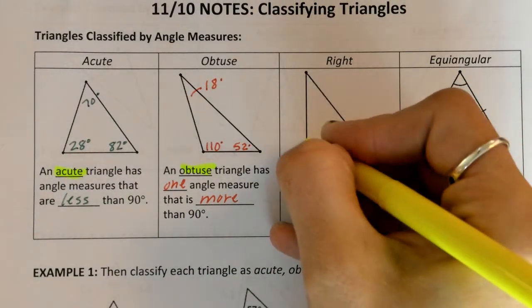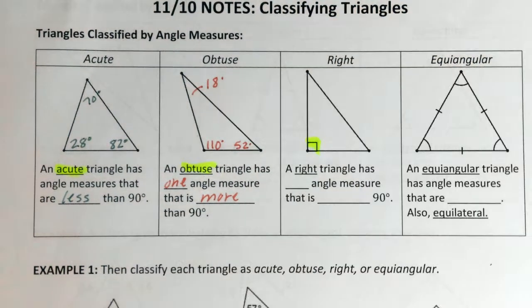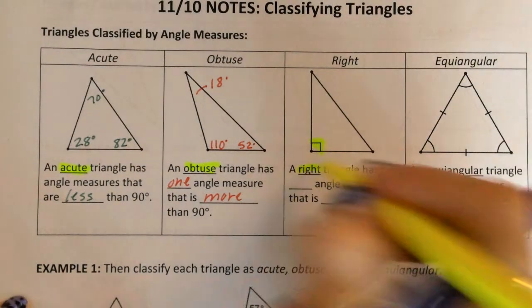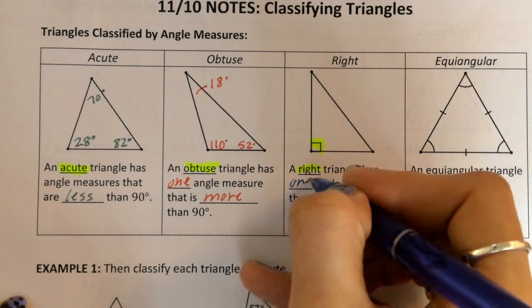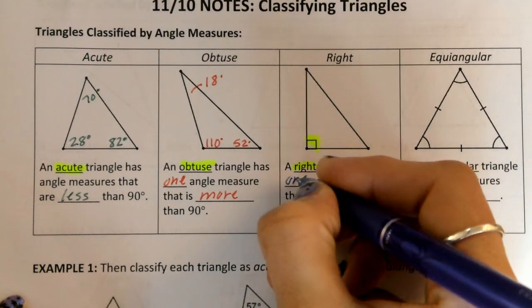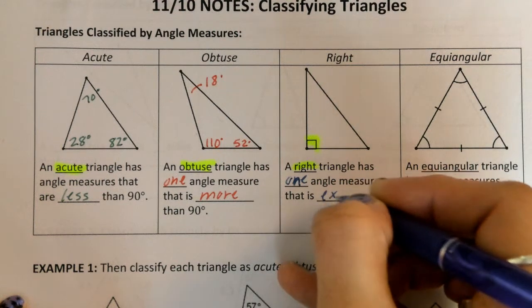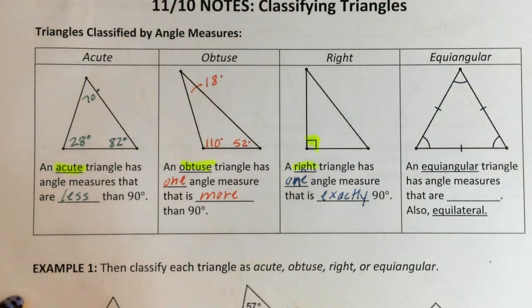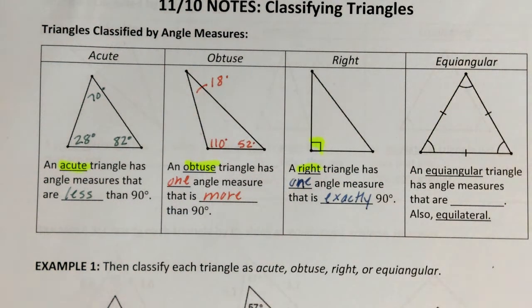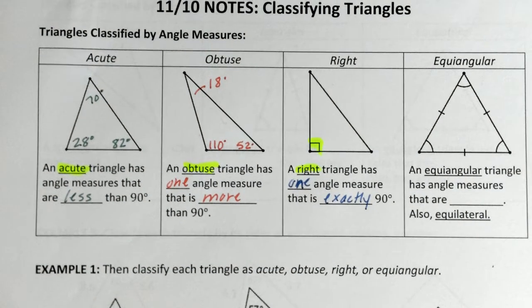Your right triangle right here, you should all know what that right angle is. Your right triangle is going to have one angle measure that is exactly 90 degrees. Sorry for the sloppy handwriting. Again, you can only have one angle that is 90 degrees in a triangle, and that will make it a right triangle.